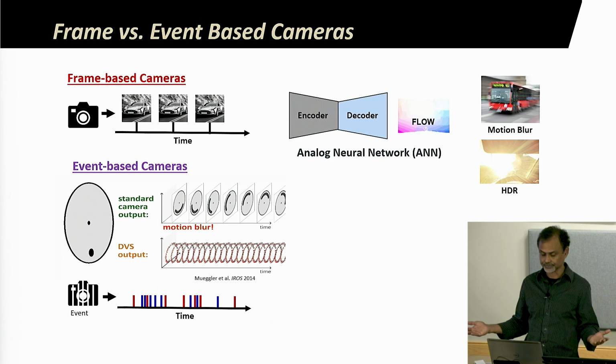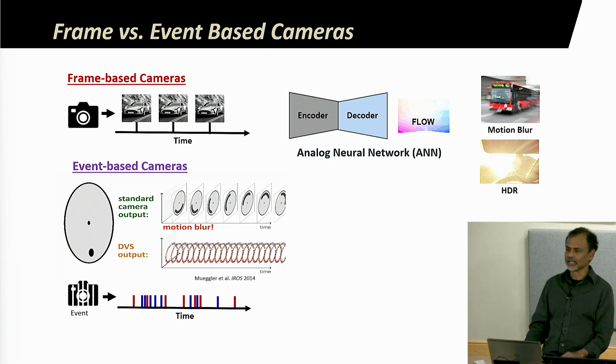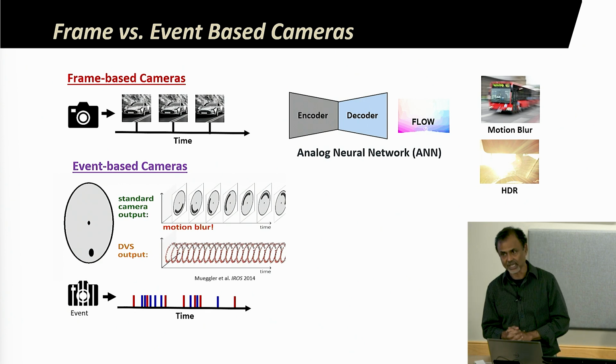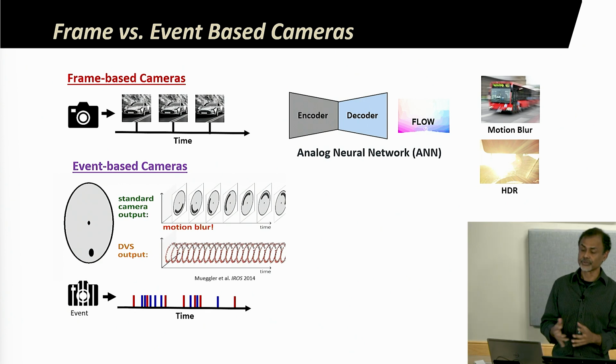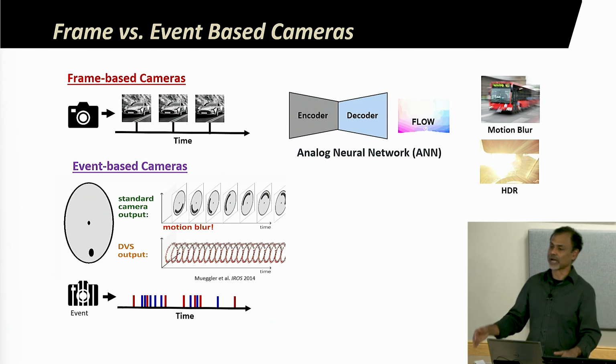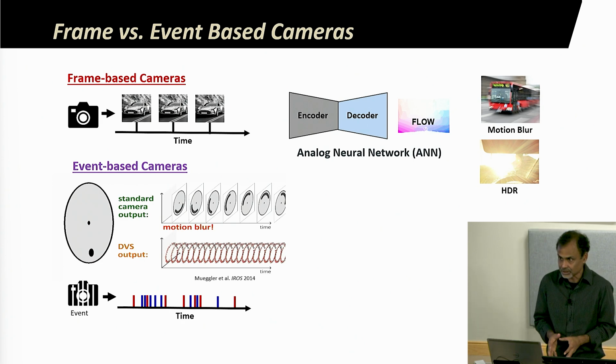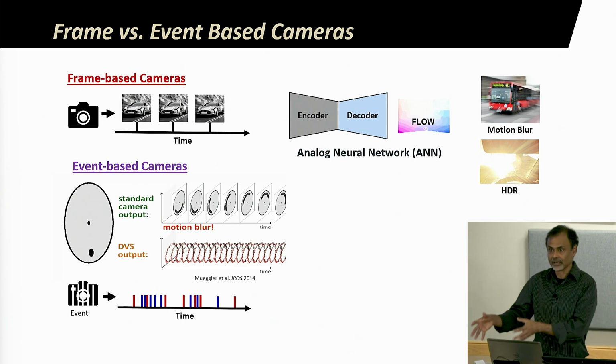The output is 0. But when there is high-speed motion, as you have seen, there is less motion blur. So with that in mind, now that I have spikes generated out of this camera, and the difference and the timing between the spikes is also going to be quite important in figuring out how fast and in which way the object is moving, I probably have to use that input information to process my optical flow.